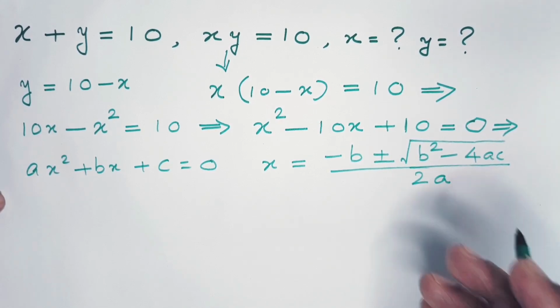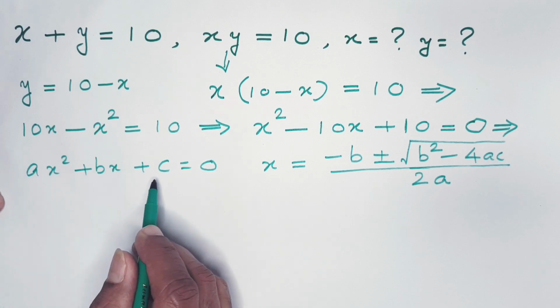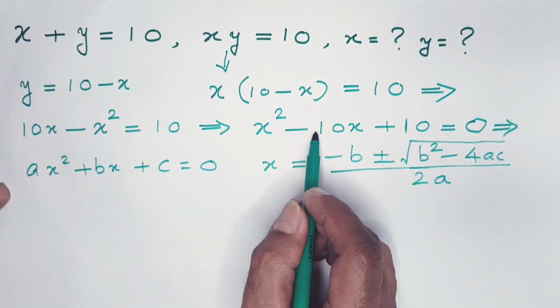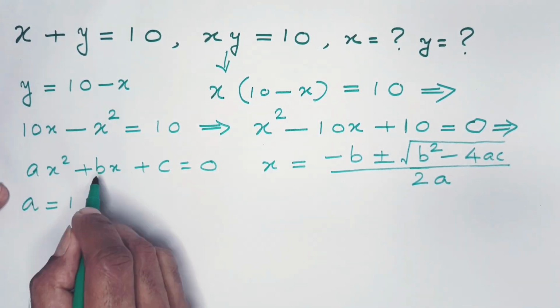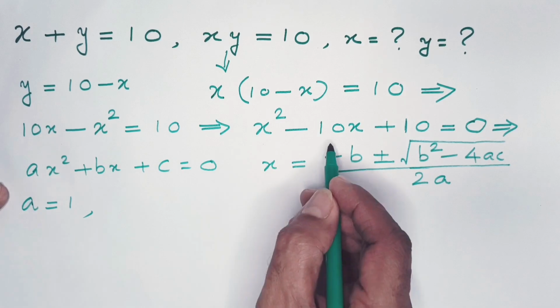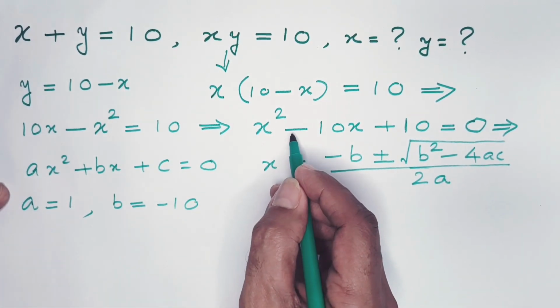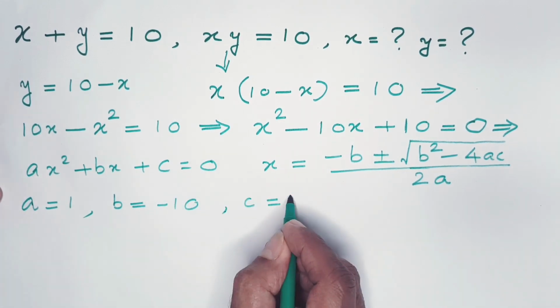This is the formula to find the roots of a quadratic equation ax squared plus bx plus c equal to 0. Now compare this general form of a quadratic to the quadratic equation we have. If you do the comparison, a will be 1 and b, which is the coefficient of x, is minus 10. Don't forget to write the plus or minus sign that goes with the coefficient, and the constant term, that is c, is 10.